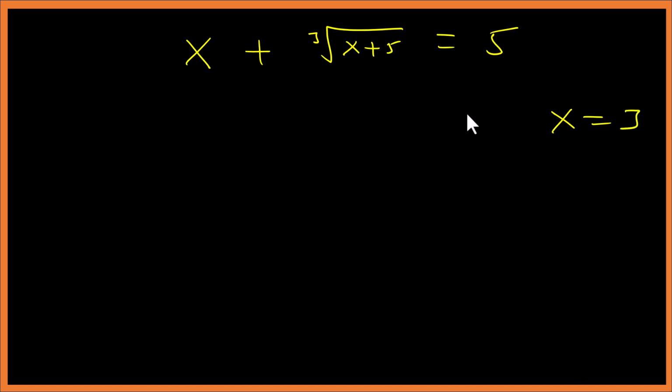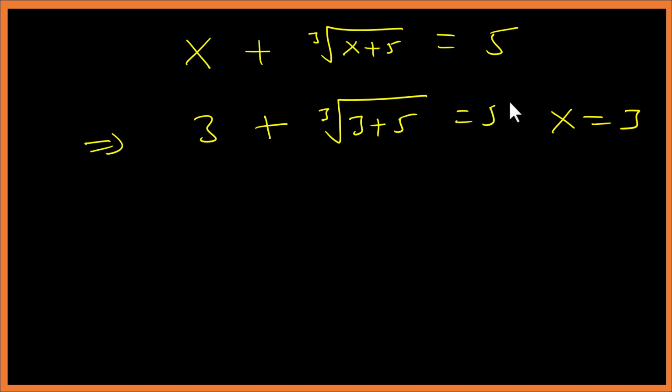All right, so let's verify. The question is x plus cube root of x plus 5 equals 5, and x equals 3. So if I put 3 here, 3 plus cube root of 3 plus 5 equals 5.